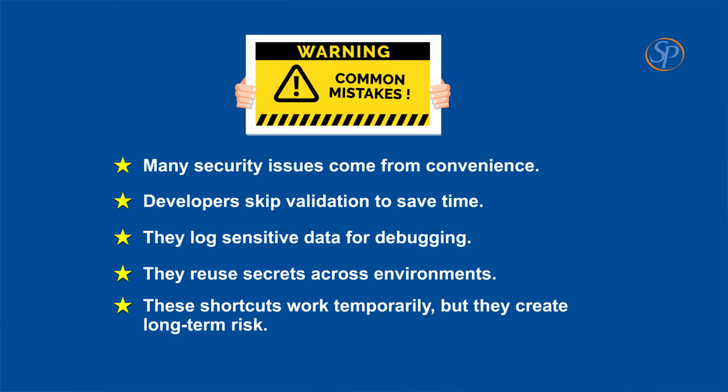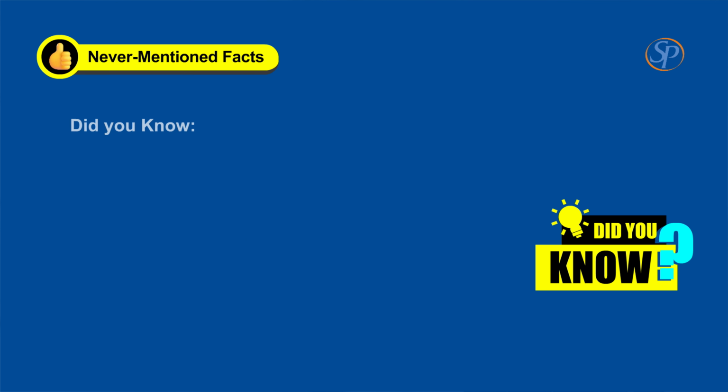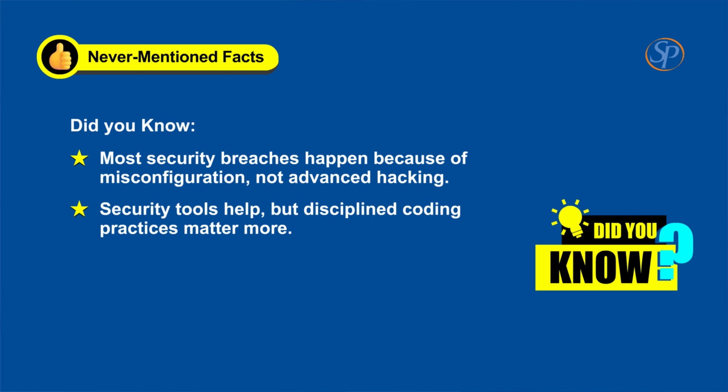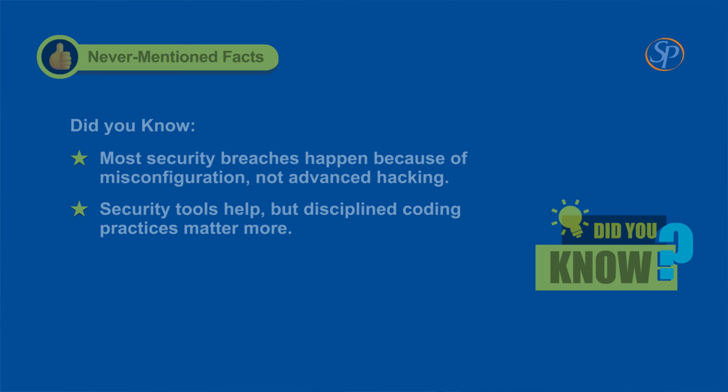These shortcuts work temporarily, but they create a long-term risk. Remember this fact: most security breaches happen because of misconfiguration, not because of advanced hacking. Security tools help, but disciplined coding practices matter more.